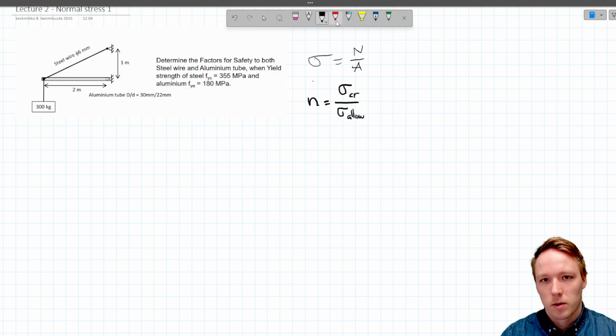Well, in this example, sigma critical is the yield strength of the material.